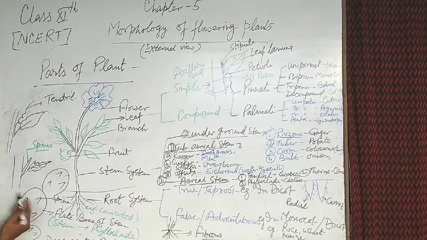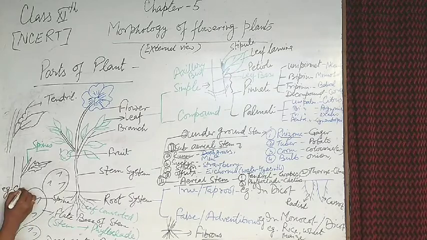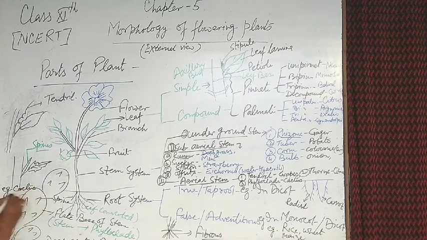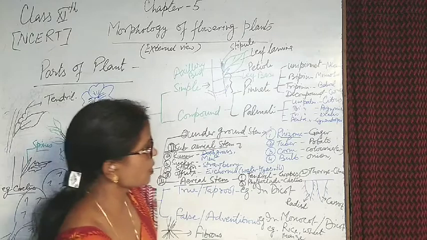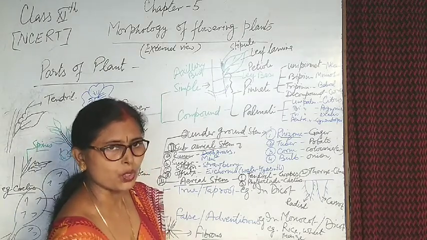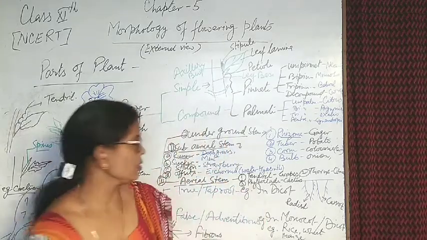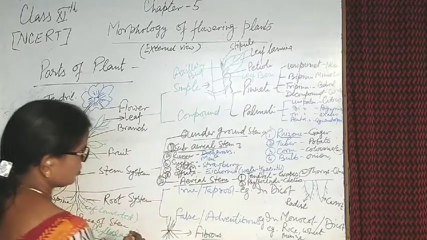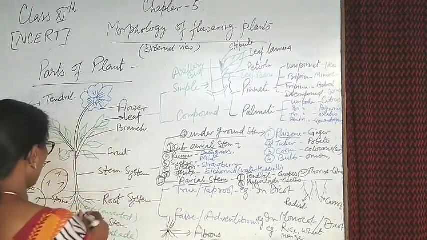The example is cactus. The scientific name of cactus is Opuntia, and the general name is Nagfani.